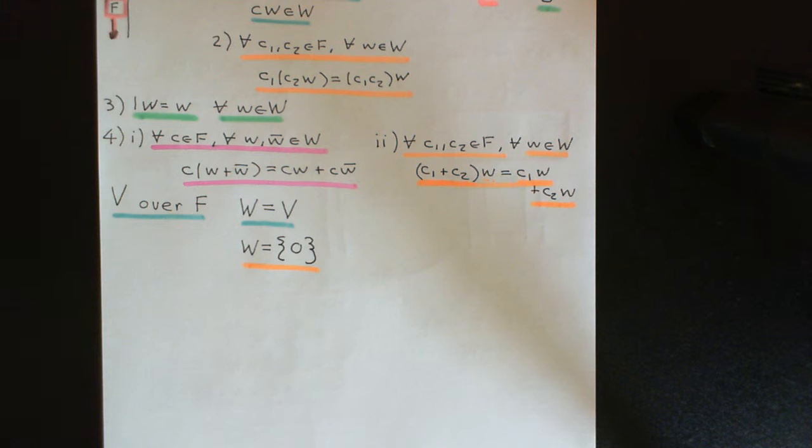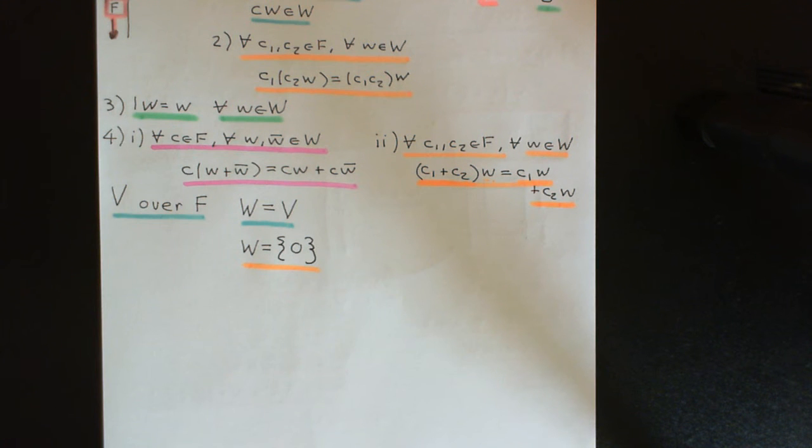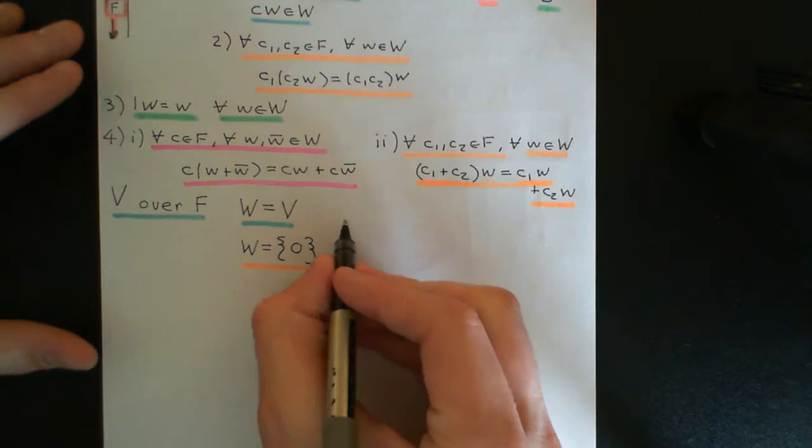Well, we know that if we want to check that a subset is a subspace, we only have three criteria to check. We need to make sure it's closed under addition. If I take any two vectors from my subset capital W, it has to be the case that if I add them together, I get another element in that subset capital W. There's only one vector in here, so the only possible addition I can do is adding 0 to 0.